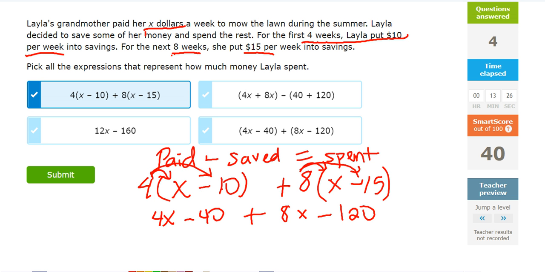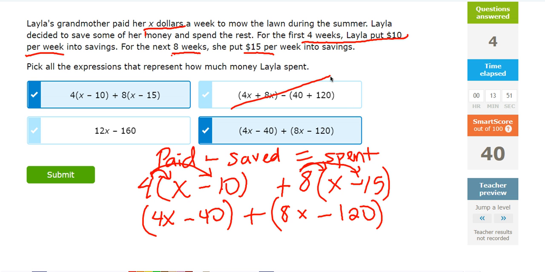So minus 120, okay? And so now I can see a second expression. All it is, is cleaning it up, putting it in parentheses. All right? And by the way, we can see that this is close enough to know that that's not the answer.